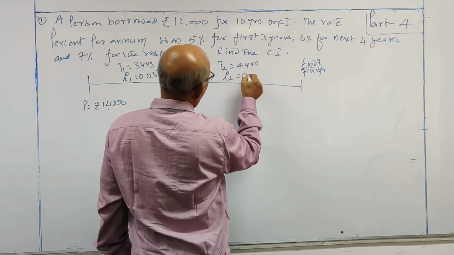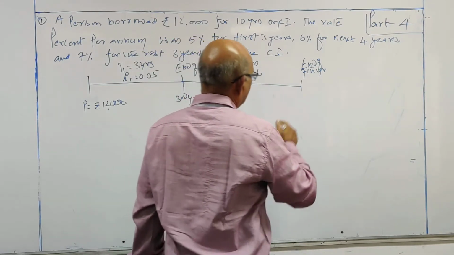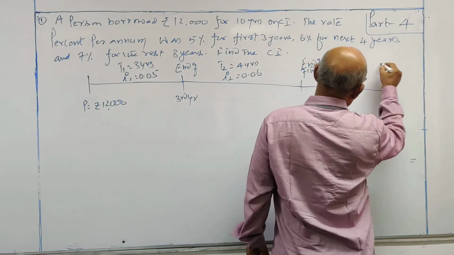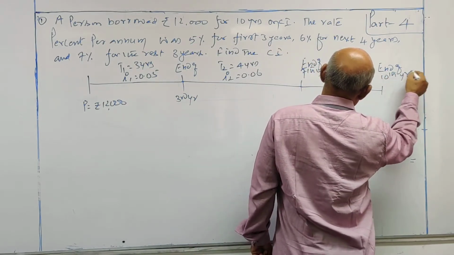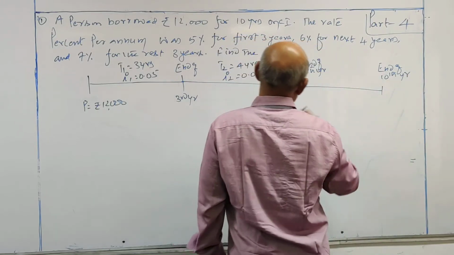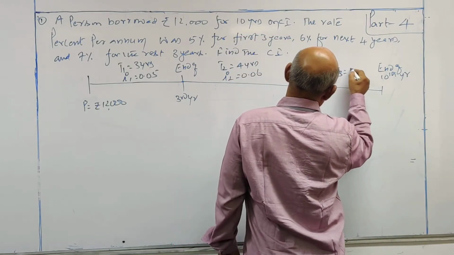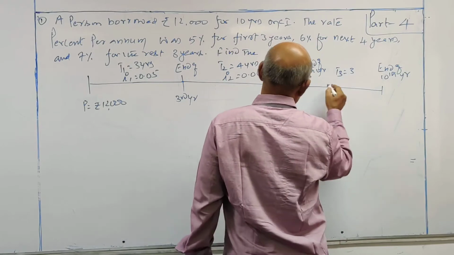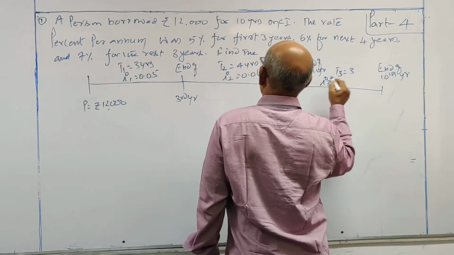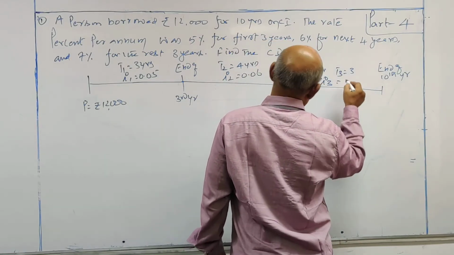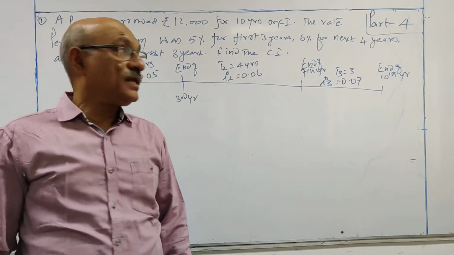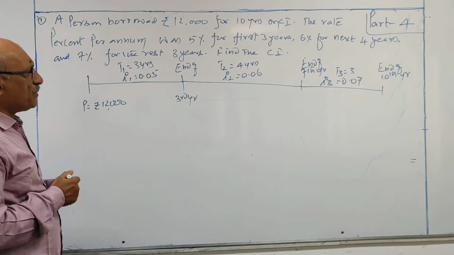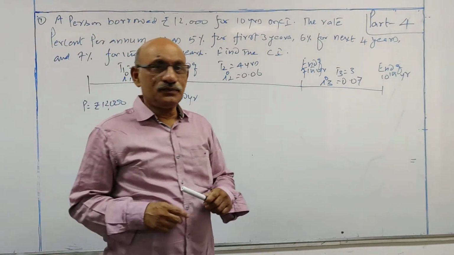I2 is equal to 0.06. Next, end of 10th year. T3 is equal to 3 years. I3 is equal to 0.07. So the information is represented on a time scale diagram.